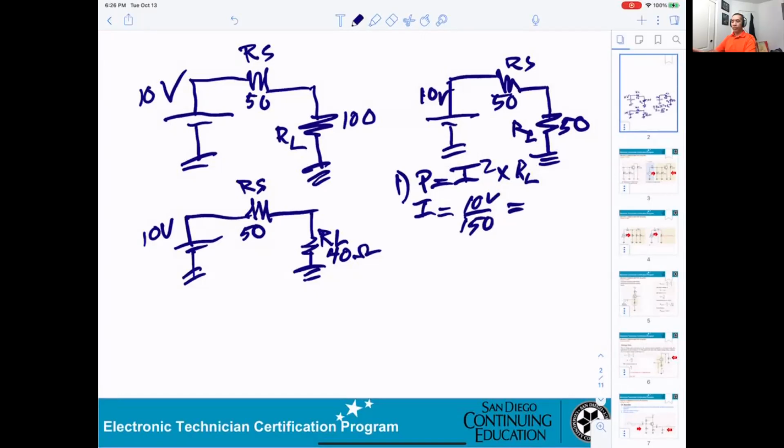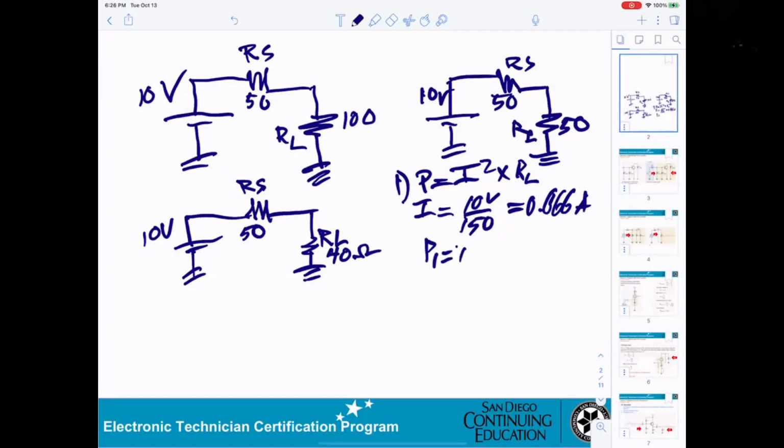$0.066, right? Yes. And what power? Power is I squared R. I squared times 100.